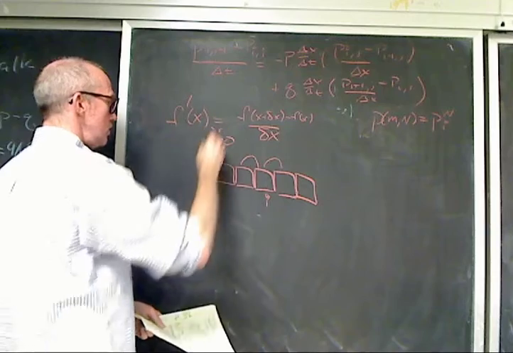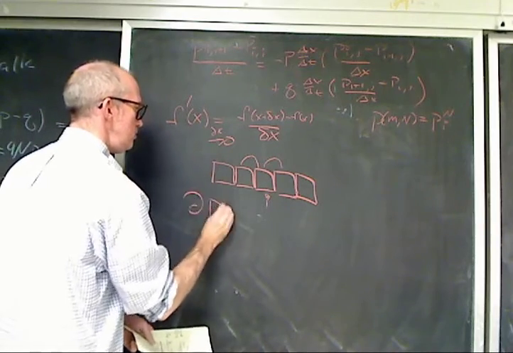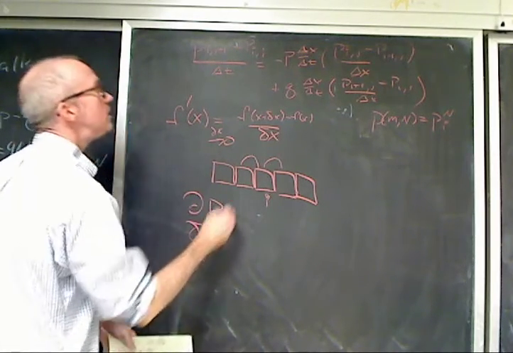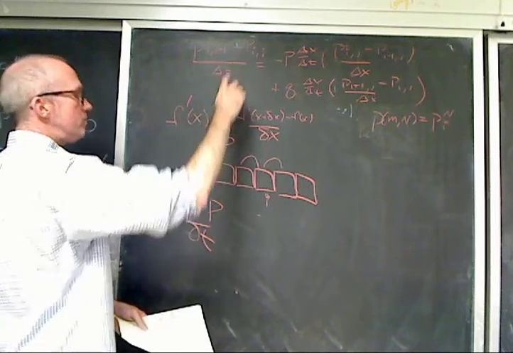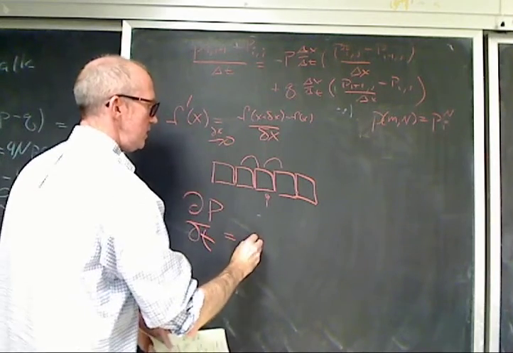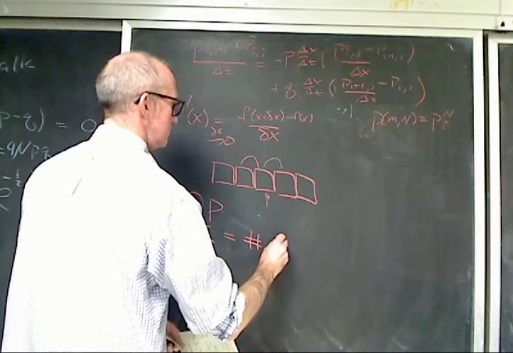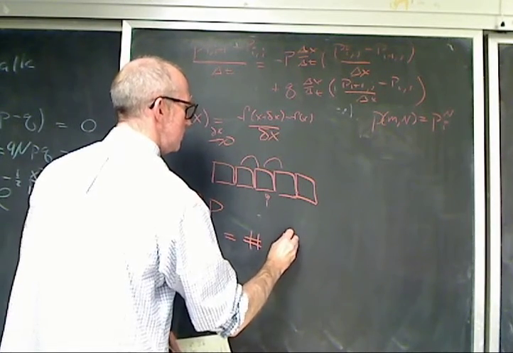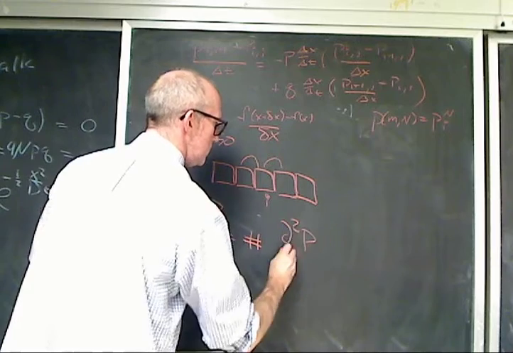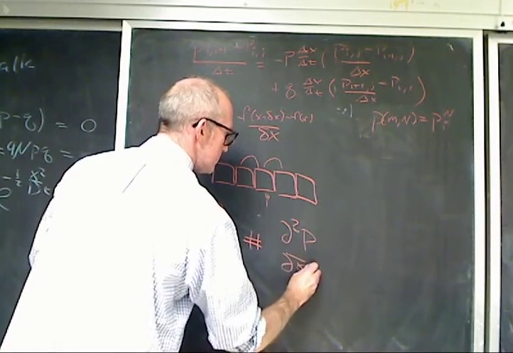So this turns into dP/dt, because I'm taking this time derivative, equals some number times d squared P over dx squared.